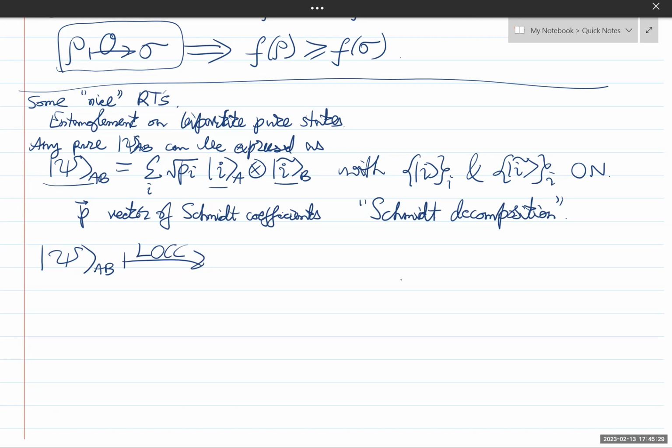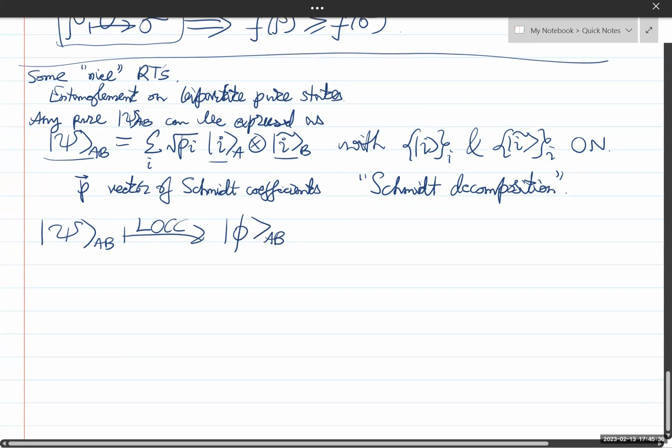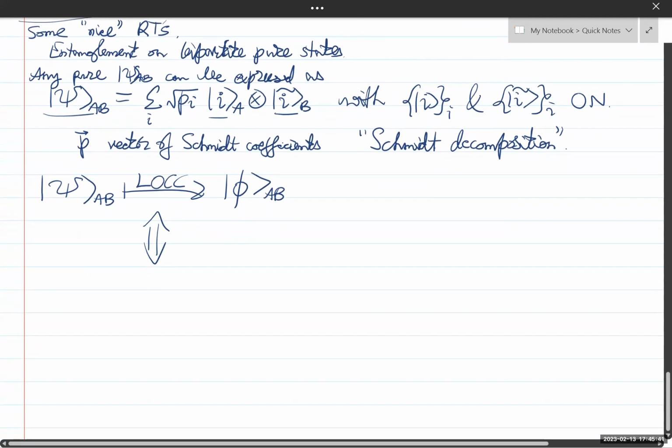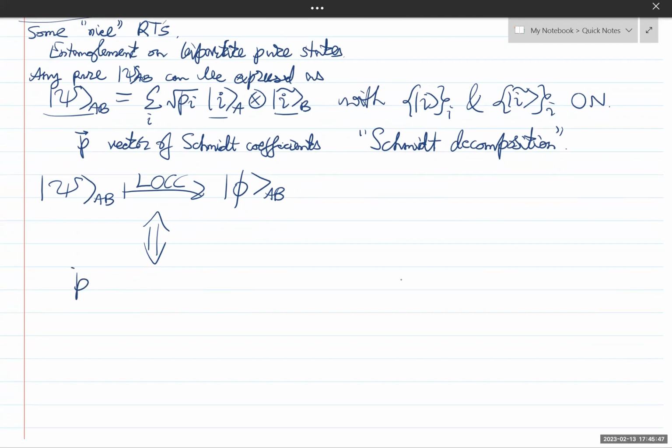So if you have psi, and you're interested in whether there is an LOCC channel that deterministically takes it to some phi, then it turns out this is equivalent to the condition that this Schmidt coefficient vector of psi is majorized by the Schmidt vector for phi. I will tell you in a minute what I mean by this symbol.